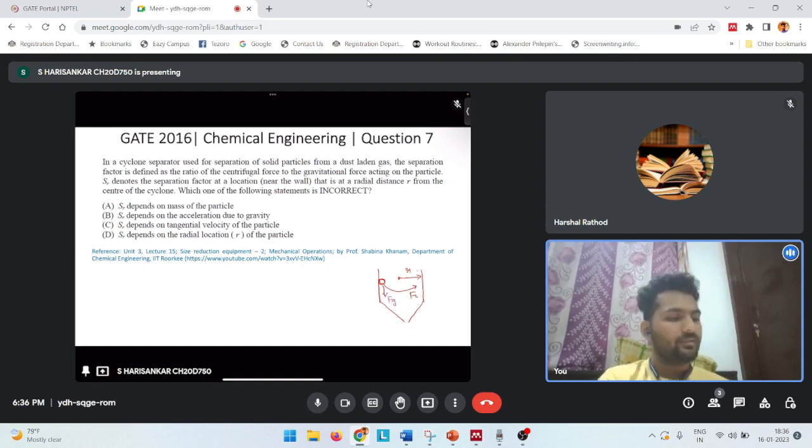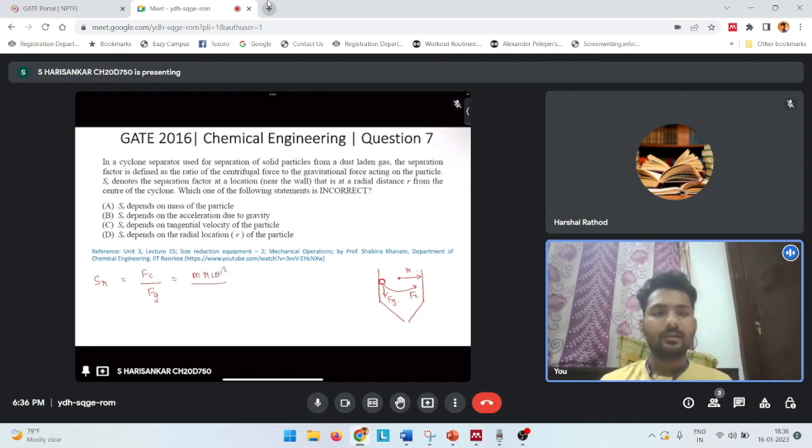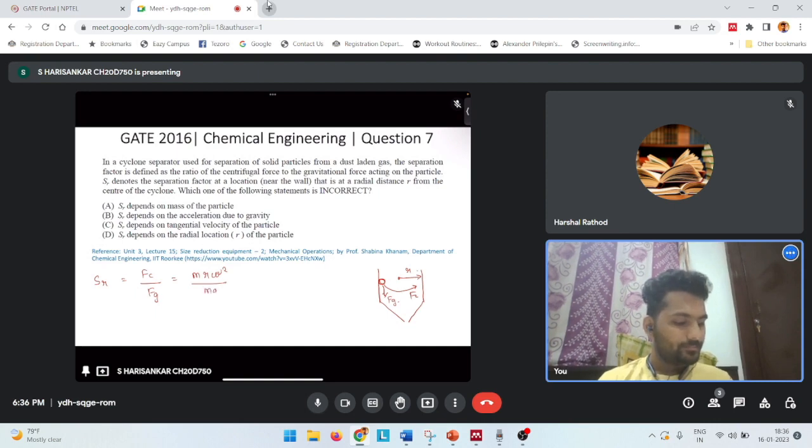And by definition, the separation factor Sr is given as the ratio of the centrifugal force to that of gravitational force, and that means Sr will be Fc by Fg. Now the centrifugal force can be defined as m r omega square, and the gravitational force can be represented as m into g.